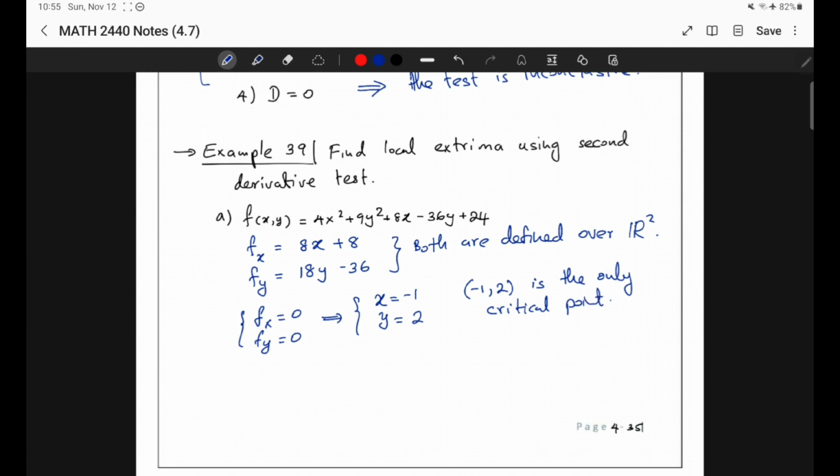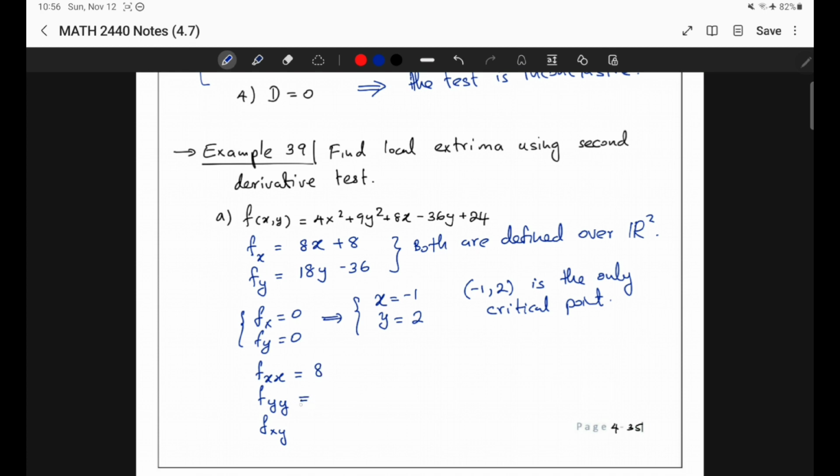Now we need to check the discriminant. Right? So to find the discriminant, we need the second order partial derivative with respect to x, with respect to y, and the mixed partial derivative. So you differentiate fx again, you get 8.